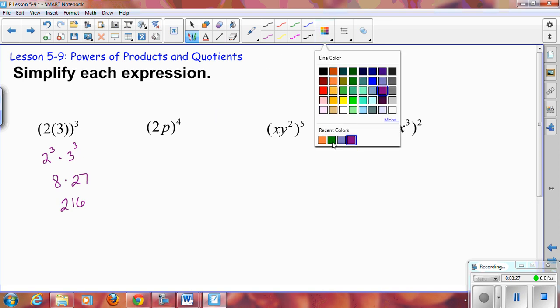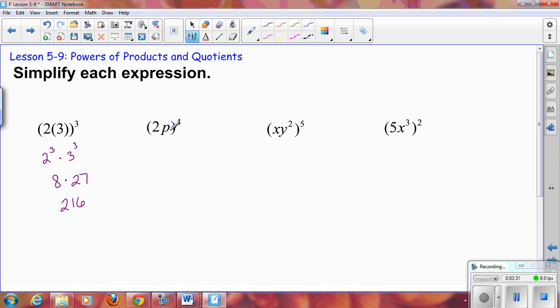Okay, the next problem. 2p to the 4th. That becomes 2 to the 4th, p to the 4th. And then we simplify the 2 to the 4th piece, which becomes 16, and p to the 4th remains the same.